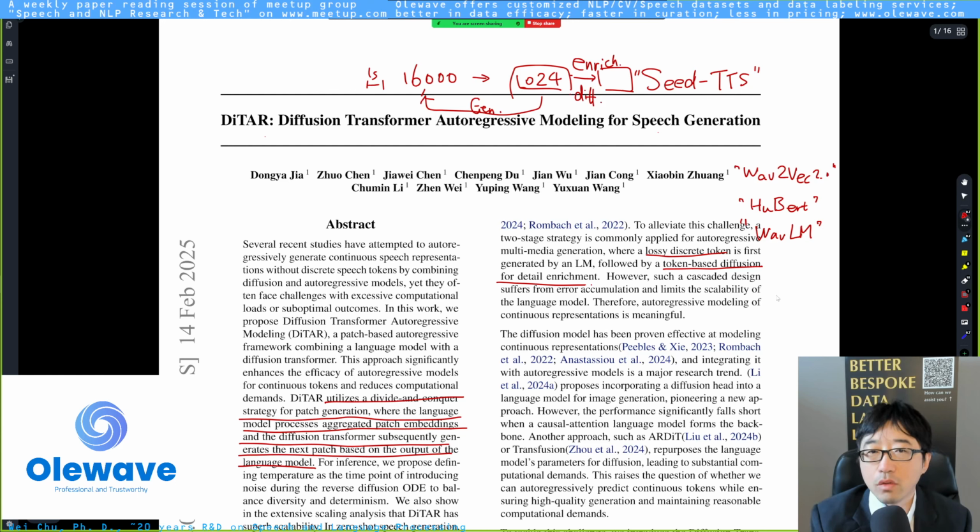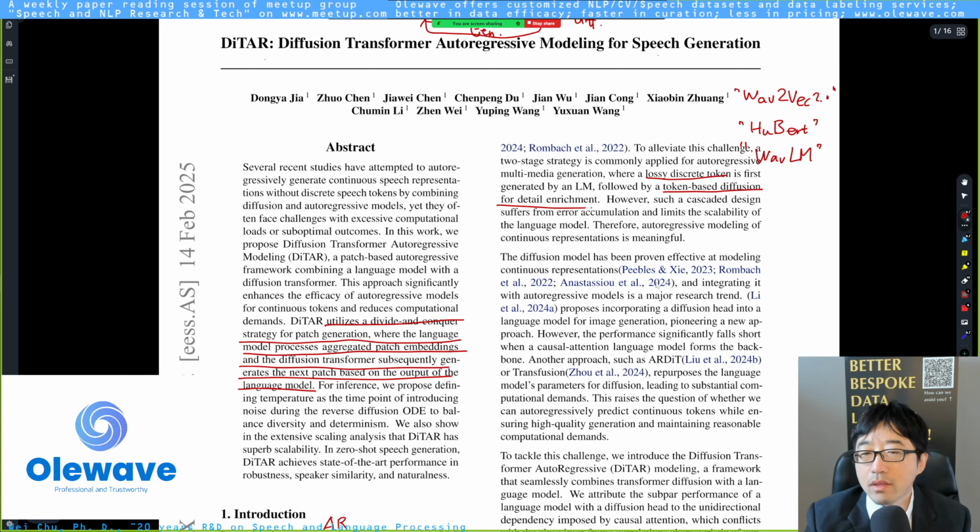You can see this is two-stage: the first stage is discretization, that's the first step, and this is the second step. This is why it's called two-stage. Everybody can see that this design suffers from error accumulation and limits the scalability of the language model.